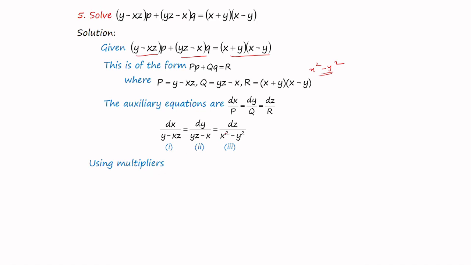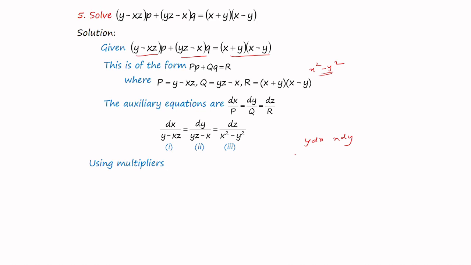In this term x squared minus y squared is there, and in this term y is there, and here x, z, y, z minus x, x squared, y squared, all the terms are there. So suppose we multiply this way, y dx, x dy.